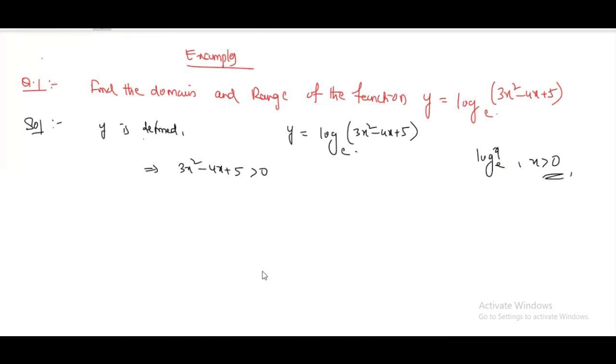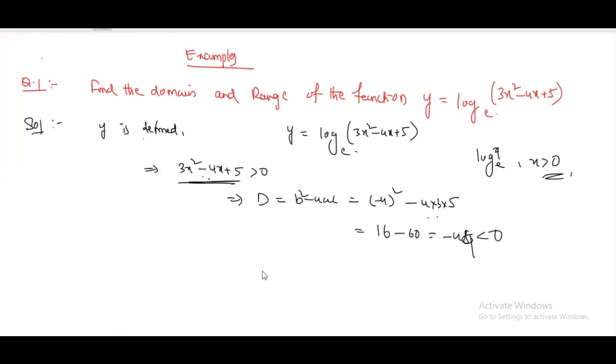So from here, what will you get? Clearly, look at the discriminant of this one. Discriminant is b square minus 4ac, that is minus 4 whole square, minus 4 into 3 into 5, which is 16 minus 60, which is minus 44, less than 0.